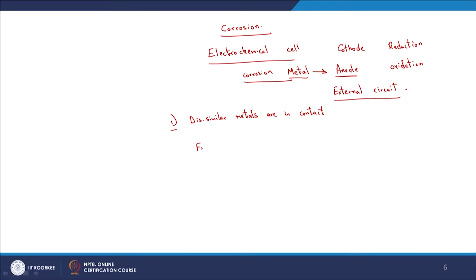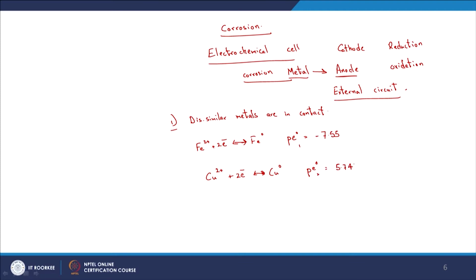So it's going to be one with iron: Fe2+ plus 2 electrons goes to Fe0, and the pe0 value for this particular half reaction is minus 7.55. And let's also consider another half reaction, a dissimilar metal, let's say copper: Cu2+ plus 2 electrons goes to Cu, and this particular pe0 is equal to 5.74.